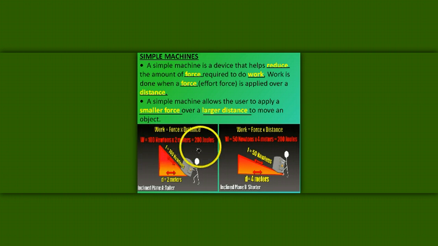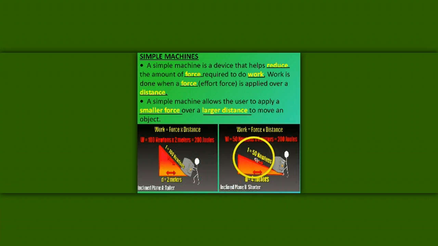So work equals 200 joules. Now that is an inclined plane that's tall, very steep. Now let's look at work in the less steep one, the shorter one. So work, let's see, it took 50 newtons. Over here it took this guy 100 newtons to move it up the steeper one.